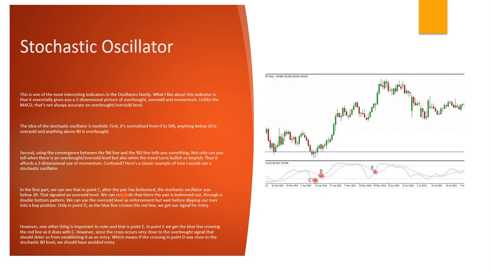Then, as I mentioned, stochastics. Stochastics uses what we call a %K line and a %D line. It's again placed below the chart. These are two different mathematical formulas, one based on the other, and when each one crosses the other, they start to tell us when the market is possibly overbought or oversold.